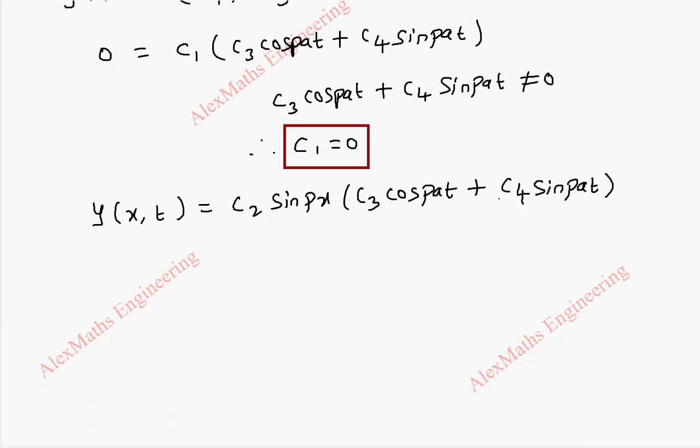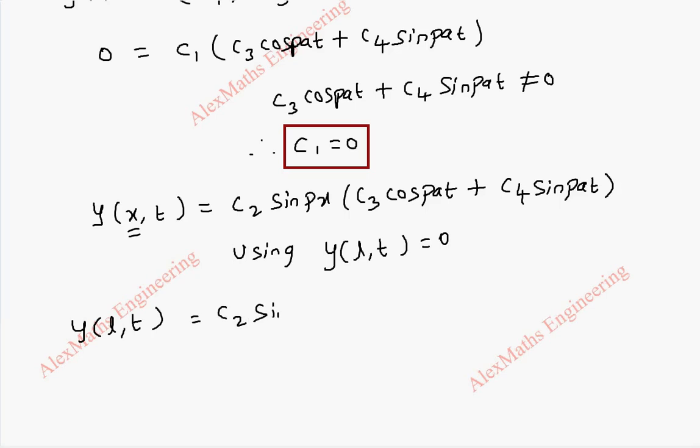Now we are going to use the second condition, y(L, t) equal to 0. Wherever x is there, we have to put L. So y(L, t) equal to c2 sin pL, and t is as it is, into (c3 cos pat plus c4 sin pat).